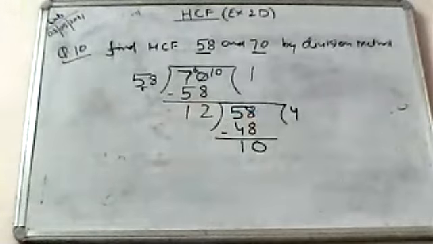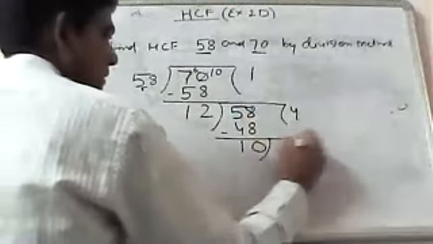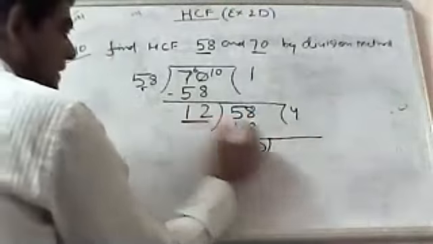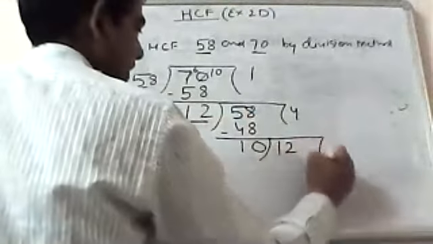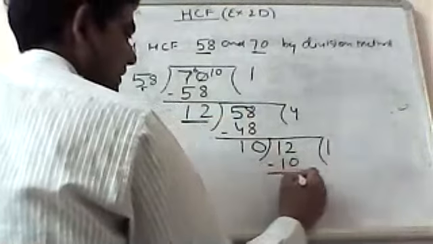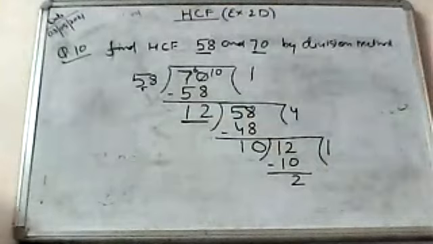Clear? Okay, now 12 is the divisor, so again do this: 10 1s are 10. Okay, so remainder is 2. What is the divisor left? 2. Divisor 2.